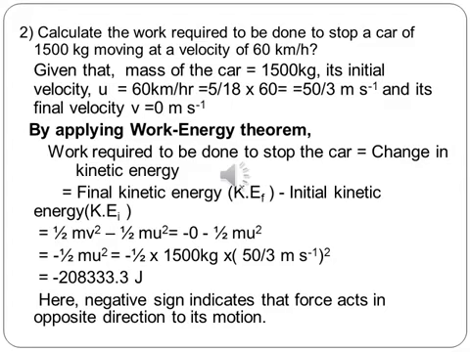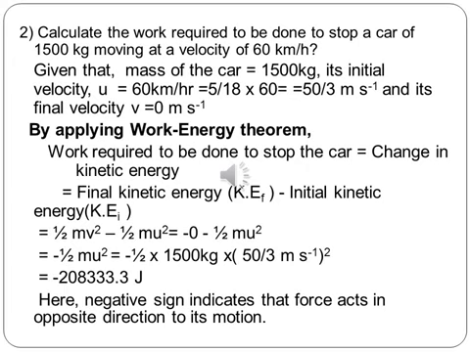By applying the work energy theorem, the work required to be done to stop the car is equal to the change in kinetic energy, which is the final kinetic energy KEF minus the initial kinetic energy KEI, equal to 1/2 mv square minus 1/2 mu square, equal to 0 minus 1/2 mu square, equal to minus 1/2 mu square.